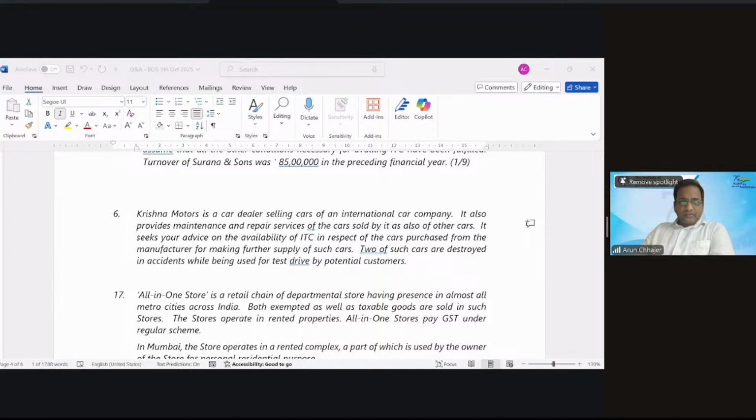The answer is allowed. ITC on destroyed cards is not allowed. ITC is available on the cards as further supply. No ITC on the two cards as these are destroyed. So correct. You have done it. So I think the practical part which you have taken is okay, right?